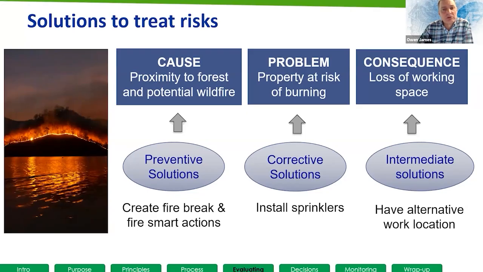Corrective solutions would really be if you had a fire in a facility, you might need to actually repair that facility, and repair the damage caused by the fire. So that would really be the corrective solution.